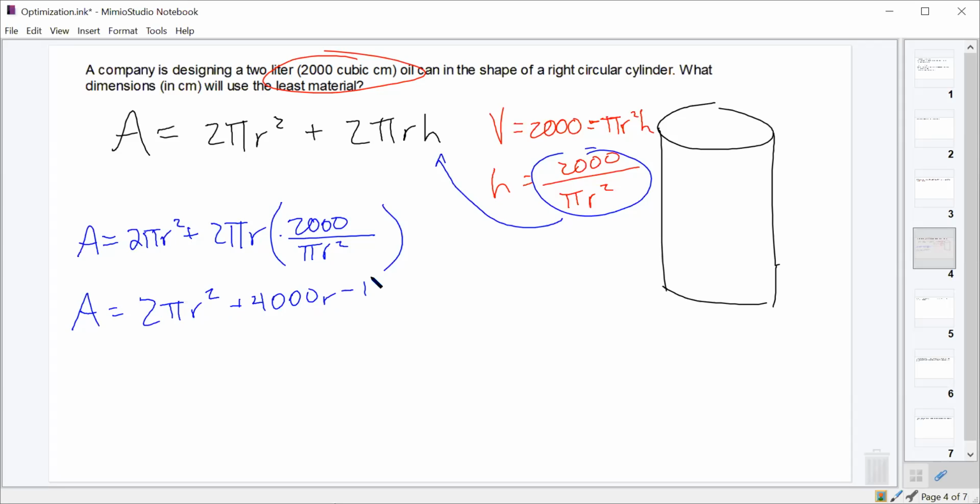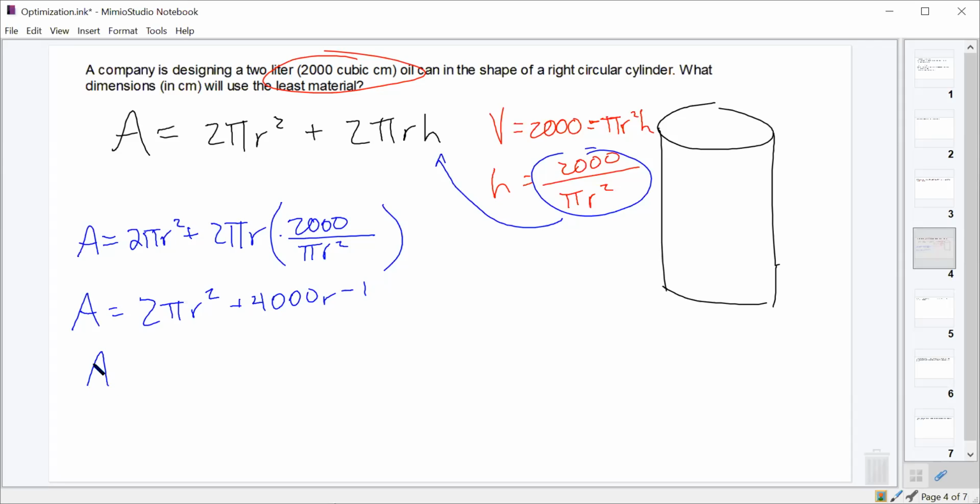So everybody feel all right that for this particular cylinder, its surface area is 2 pi r squared plus 4,000 r to the negative 1? You said 400 r or 4,000 r? 4,000. Did I say 400? If I said 400, I clearly didn't see that last zero that I wrote there. 4,000 r to the negative 1. Everyone good there?